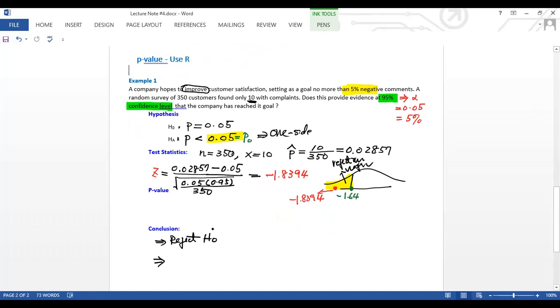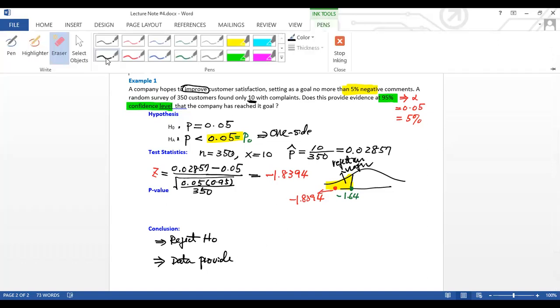Typically, if you say reject H0 to people who did not have a statistics course before, they do not know what that means. So you can say the data provide enough evidence, right? So you can write it out a little better.